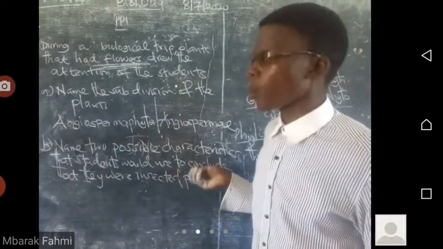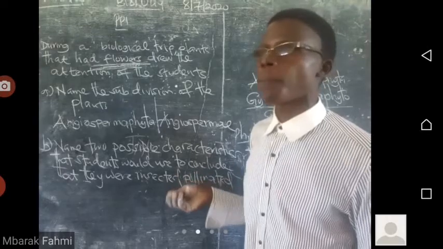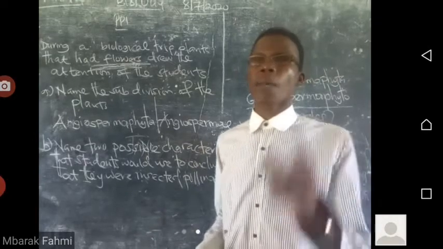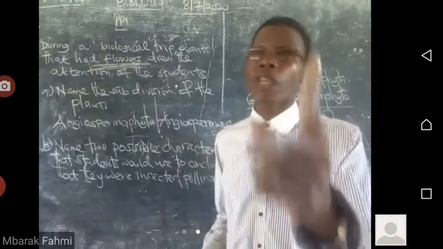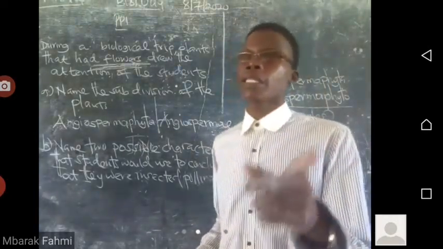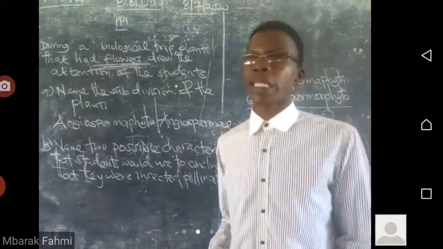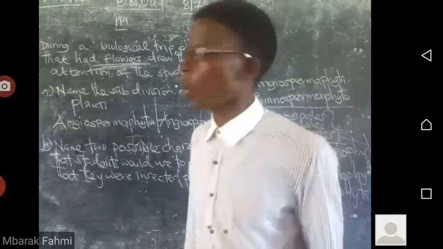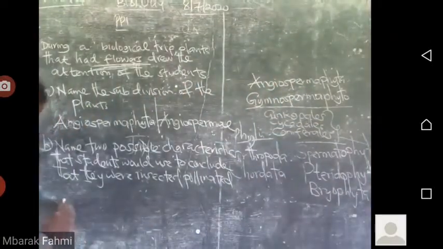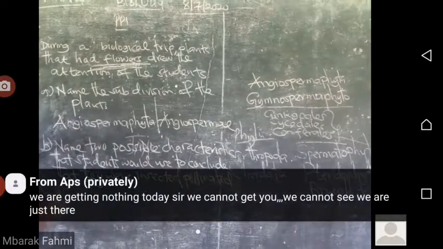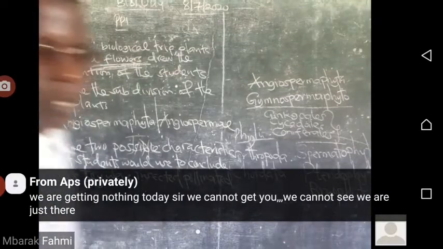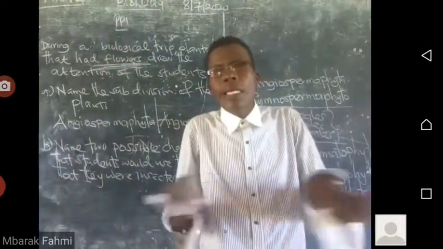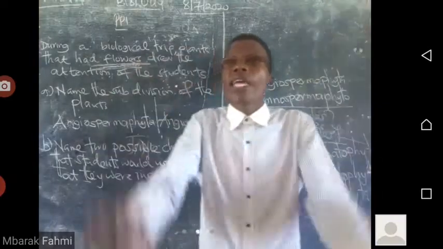You will find that the possible characteristics are in terms of the nature of their pollen grains, the nature of their anthers, and their corolla. Insect pollinated flowers always have a landing platform, where the insects can easily stay before they get into the flower.